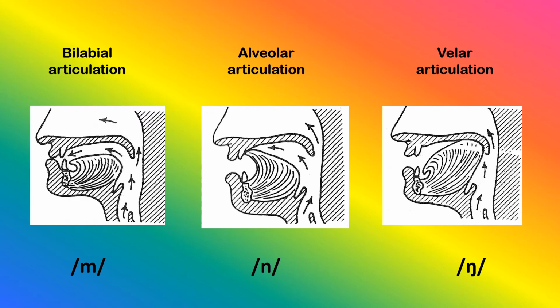For all three nasals, the place of articulation is similar to that of the corresponding stops: bilabial, alveolar, and velar. However, the soft palate is lowered, thus adding the resonance of the nasal cavity.